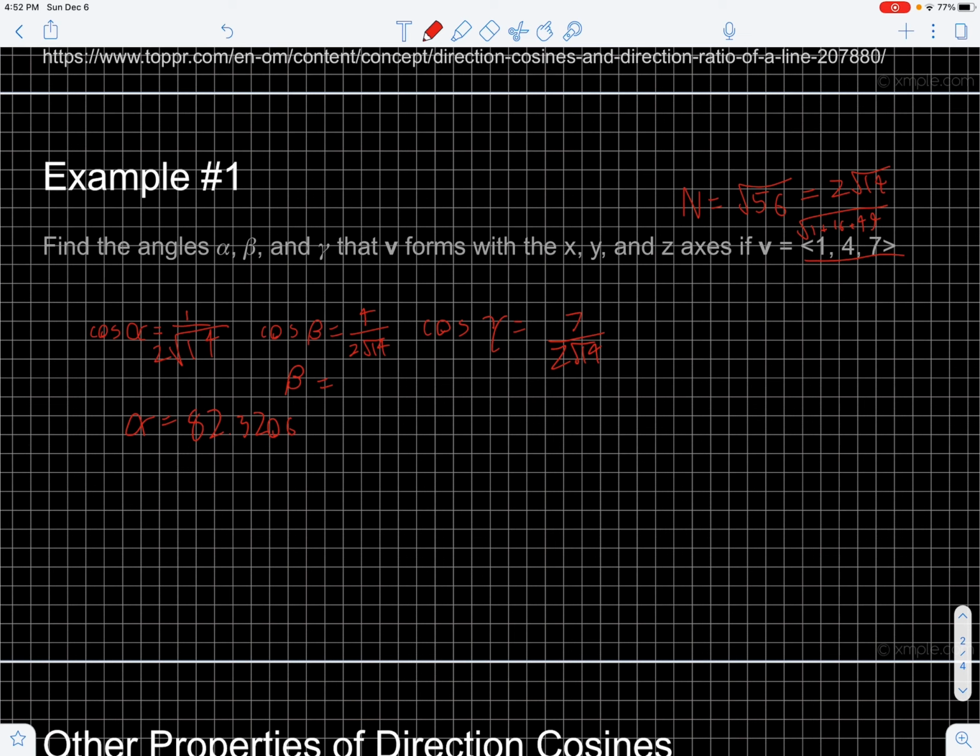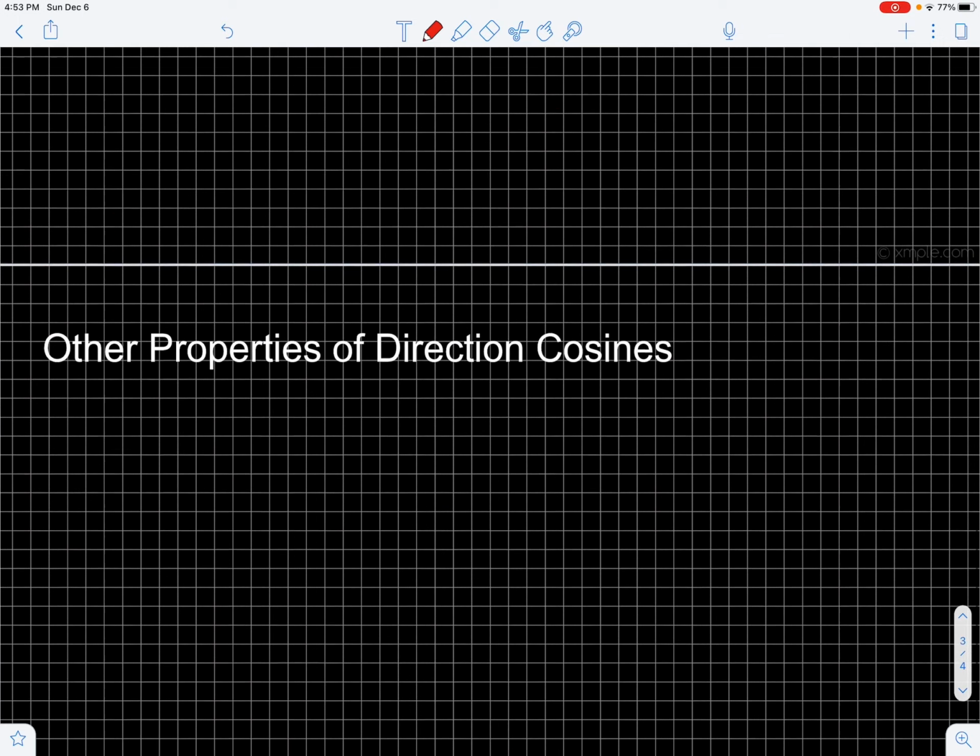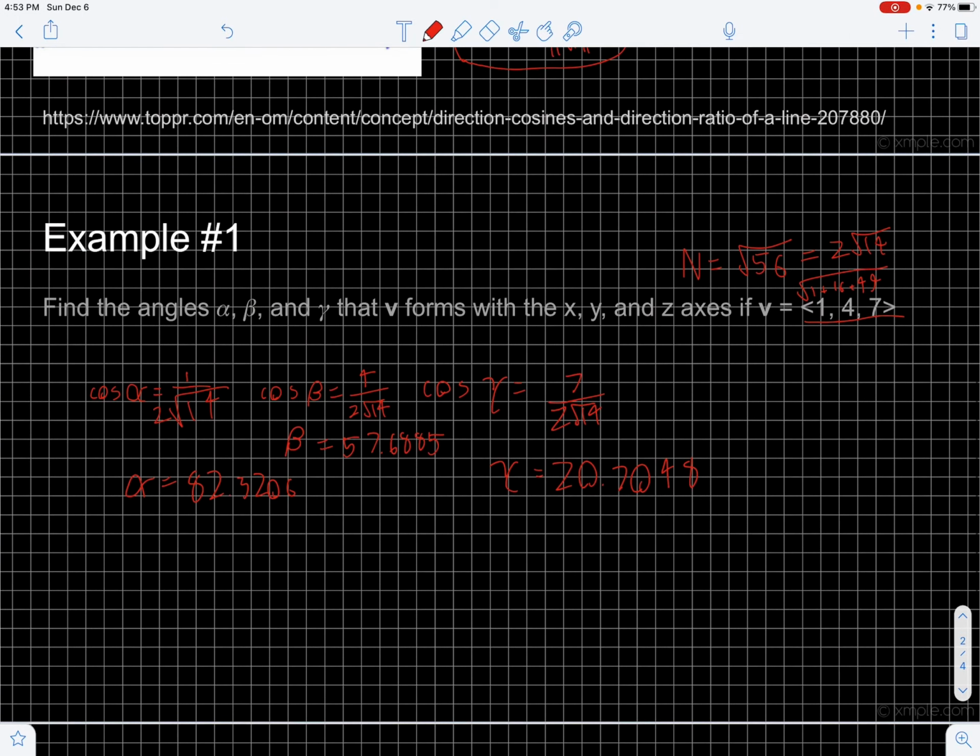Beta is about 57 degrees with the y-axis. And gamma is 20 degrees with the z-axis.